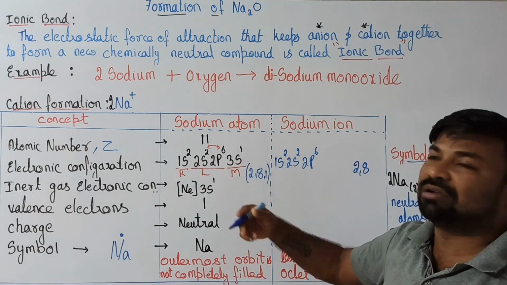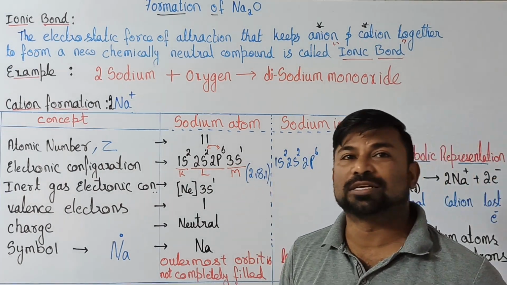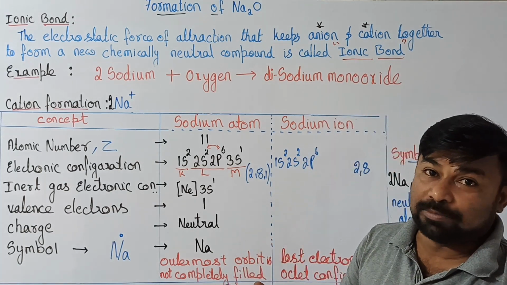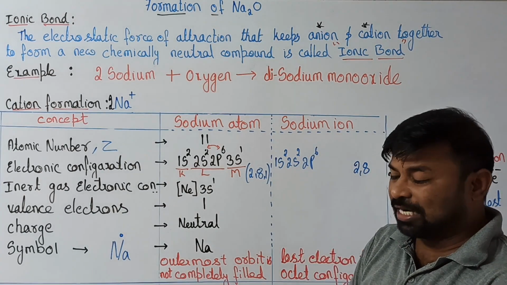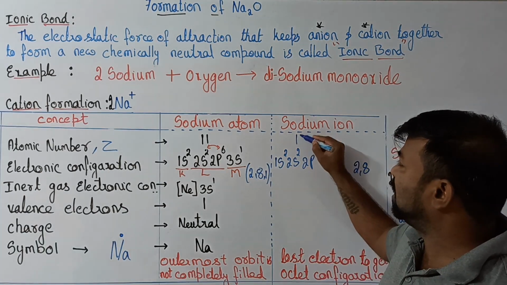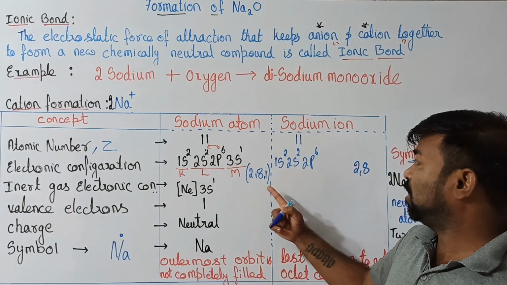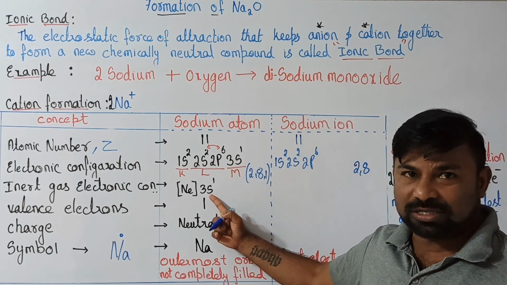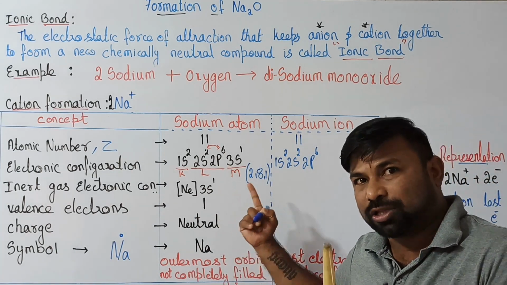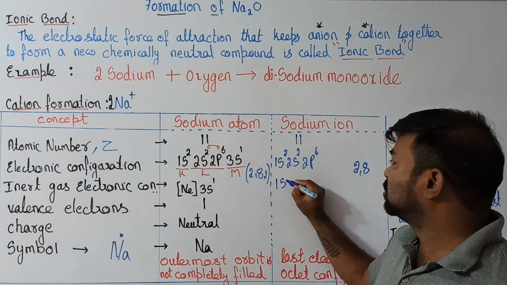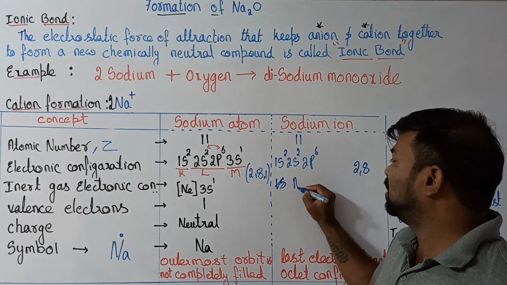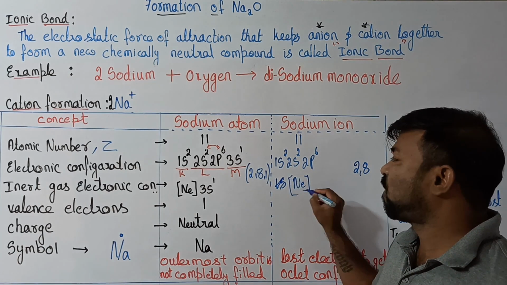Because the last electron from the M orbit has been lost. But please remember, the number of protons remains the same. Therefore, its atomic number is always 11. But as it has lost the outermost electron, it is behaving like neon itself.